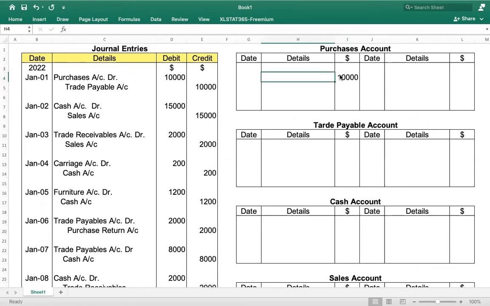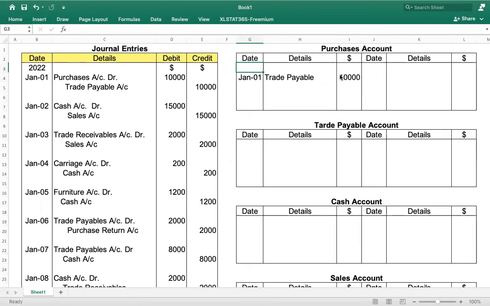10,000 I will write, and the name of the other account will come: trade payable. The date I will put is Jan 1st, 2022. So we are done in the purchase account. The next posting will be in the trade payable account, on the credit side, because it's credit.